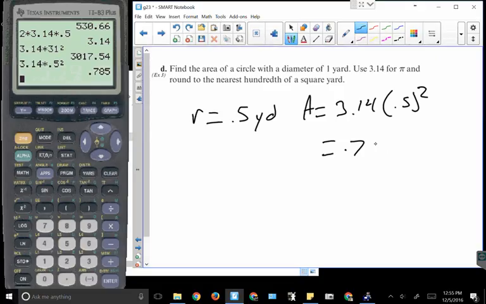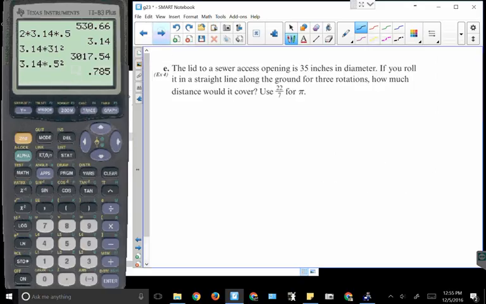Set my brain. 0.785. But we're supposed to round it to the nearest hundredth of a yard, so it's going to be equal to 0.79. Okay? Of course, we have to put in yards. So, there you go. One more to do, so I'll give you a little time to work on this one.